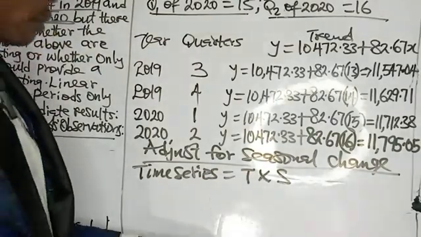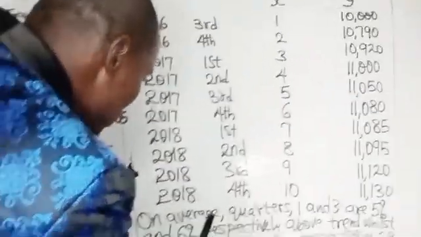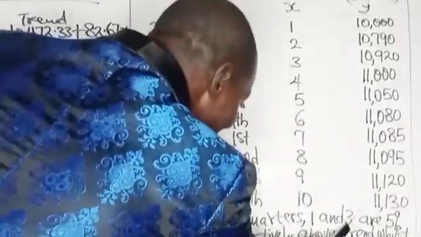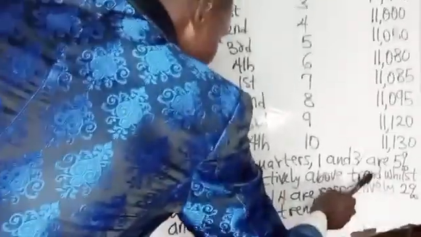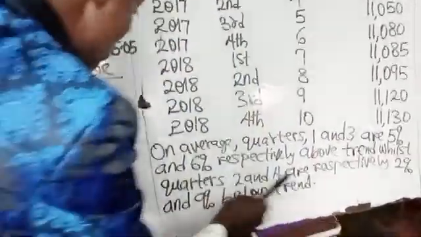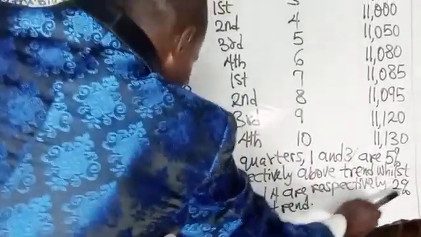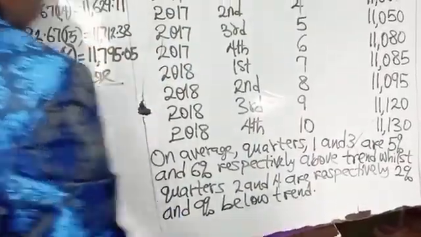Now, we were told on average, quarter 1 and 3 are 5% and 6% respectively above trend, while quarter 2 and 4 are respectively 2% and 9% below trend.